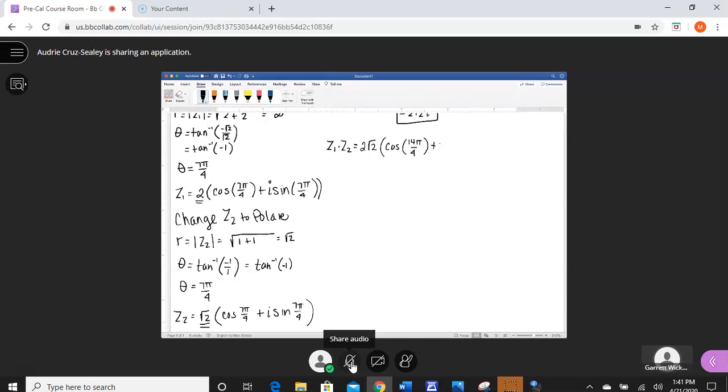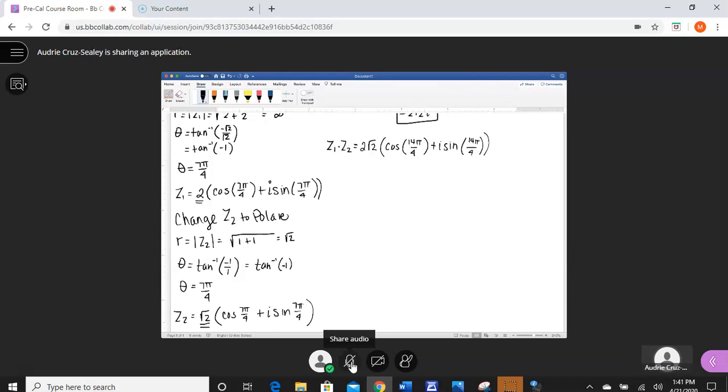Oh, yeah. So it'd be 7 pi over 2 now. How many times is 4 going into 14? Simplify 14 pi over 4, is what I'm saying. It's 7 pi halves. Yeah. Okay, so then I agree. I'm with you.